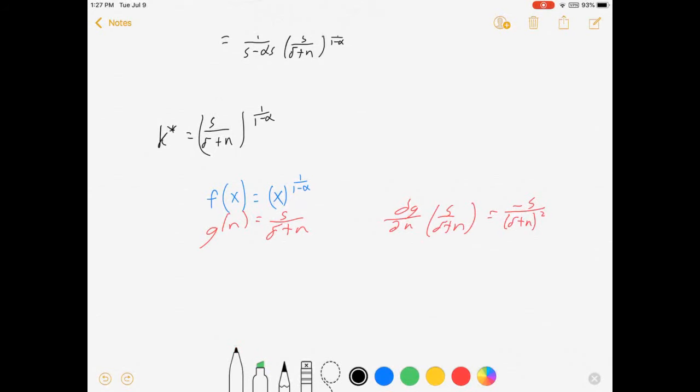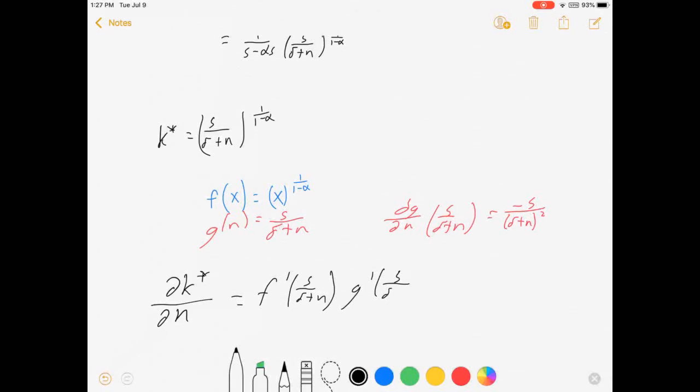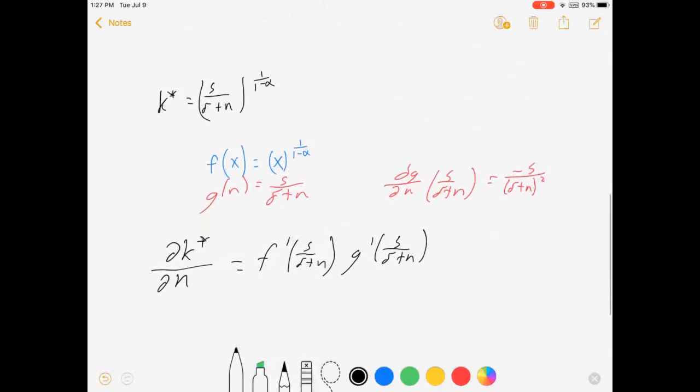So, to weaponize this and use it, derivative of k star with respect to n is equal to f prime of s over delta plus n. I write f prime loosely. Technically it should be del f del n, but you know, deal with it. And then g prime of s over delta plus n.